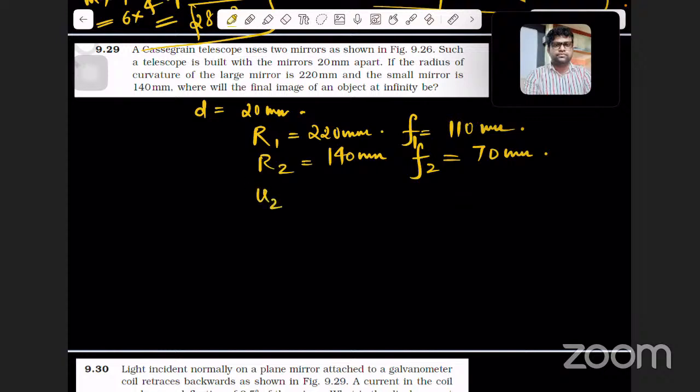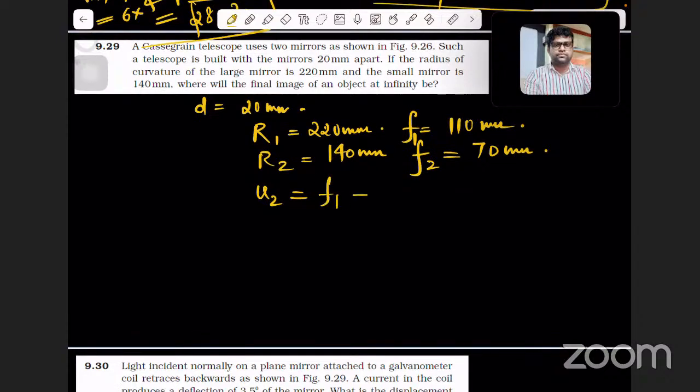So this U for the second mirror will be F1 minus the distance between them, that is 20.